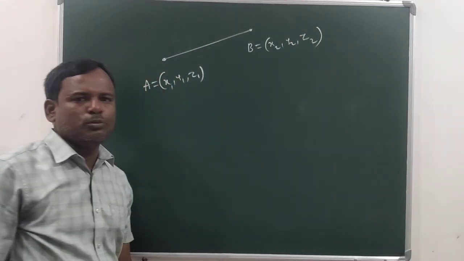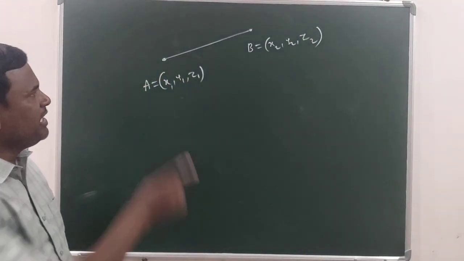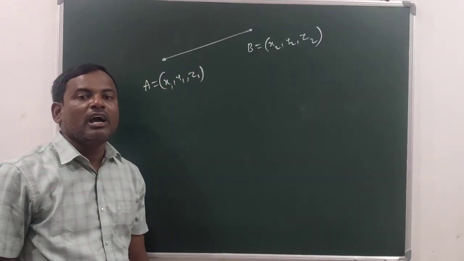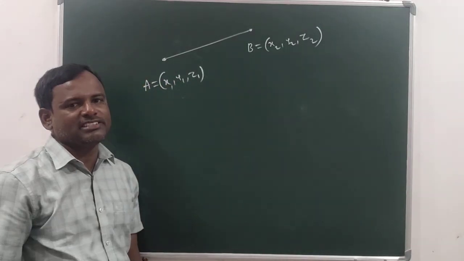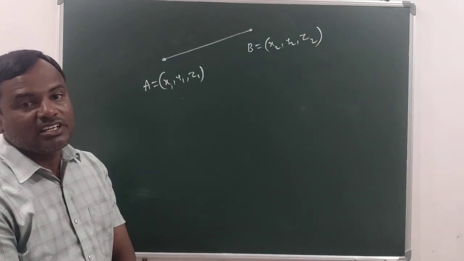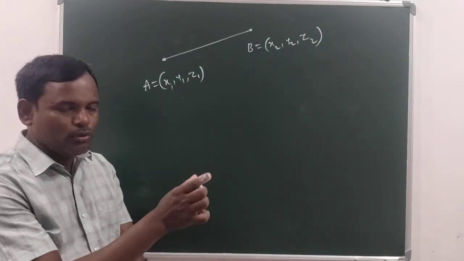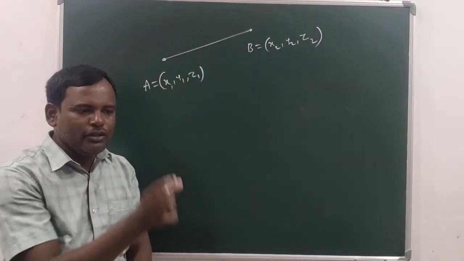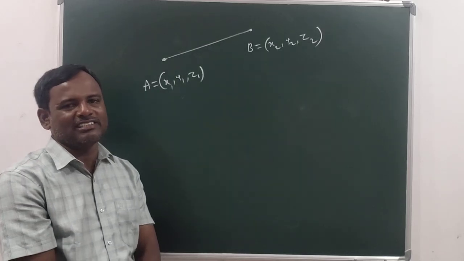If you connect these 2 points in space, you get a line segment. I want its projection on the x-axis. But if it is a line, then you need to find its shadow on the x-axis.